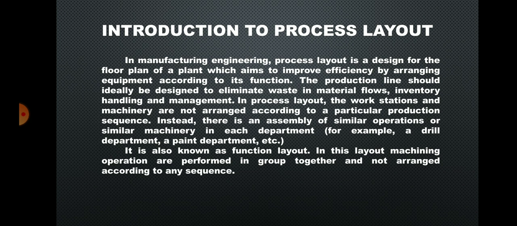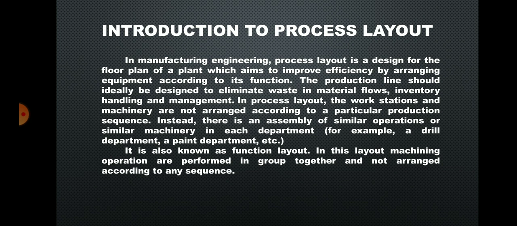If a particular industry makes a nut bolt or drills a plate, the next department after it may be coating or painting, etc. So in process layout, product or machinery can be placed according to the similar operation or machinery required.